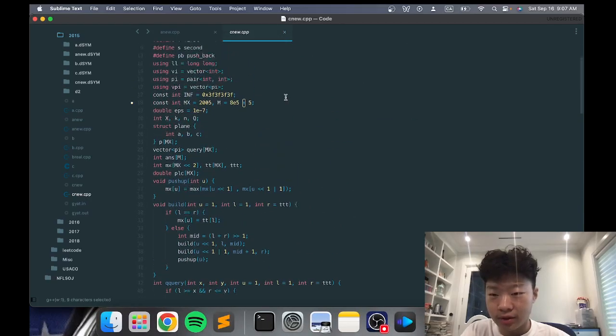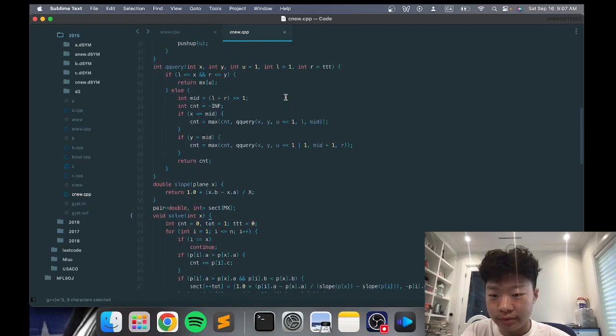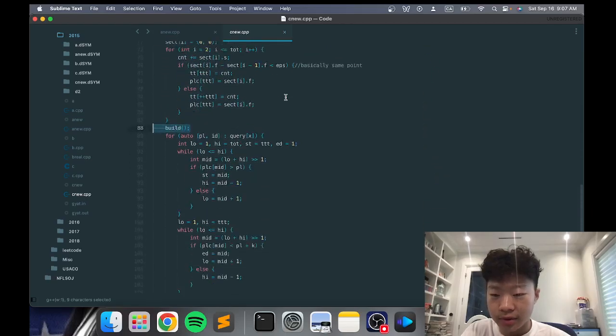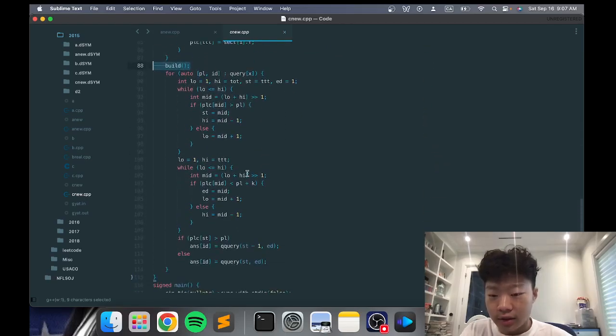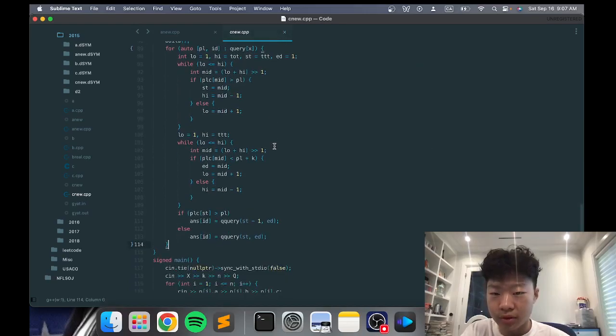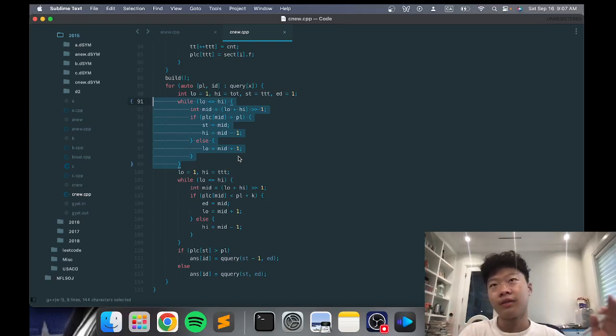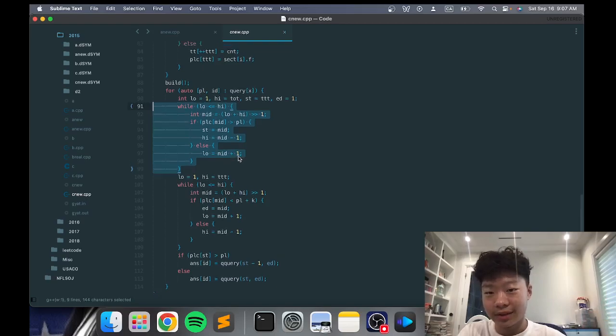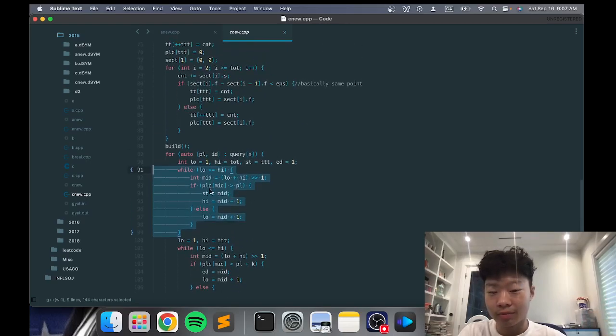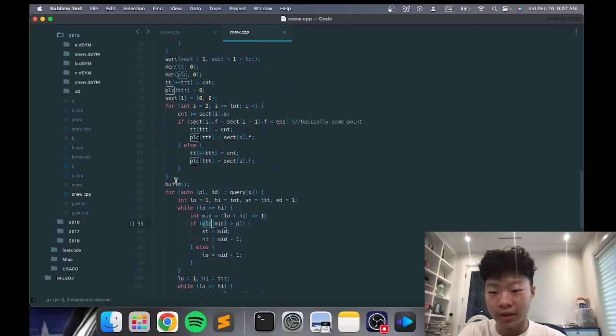Segment tree is just a very standard segment tree. And now, okay, this is the meat and potatoes. So first, it does a binary search to find the starting value and the ending value in the segment tree, and it does that by doing binary search on the intersections.